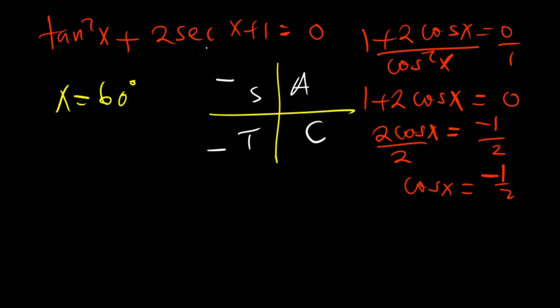In the second quadrant, I'm supposed to say 180 minus 60, which is what? 120. Therefore x is equal to 120. It will be my first answer. Another answer in the third quadrant, I'm going to say it is the angle I have plus 180. That's what we said last time. The 60 plus 180. What is 60 plus 180? 240.